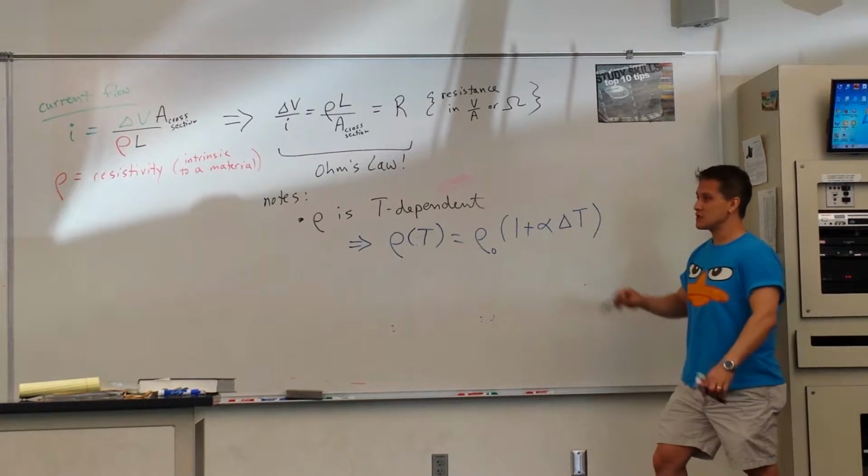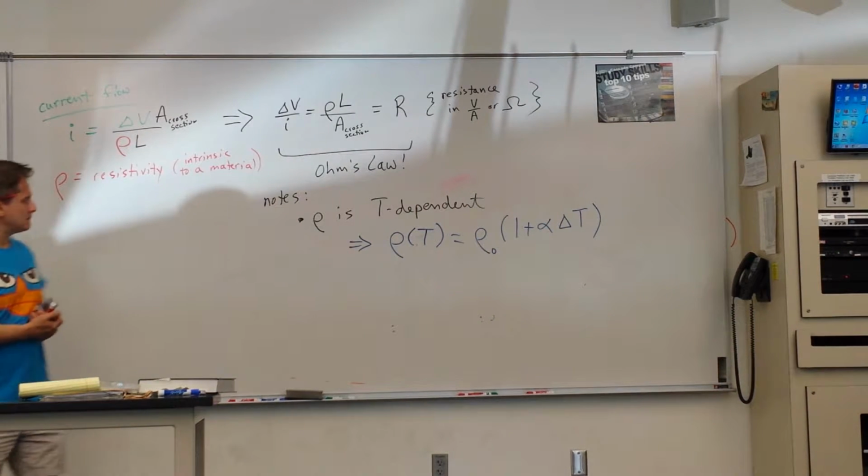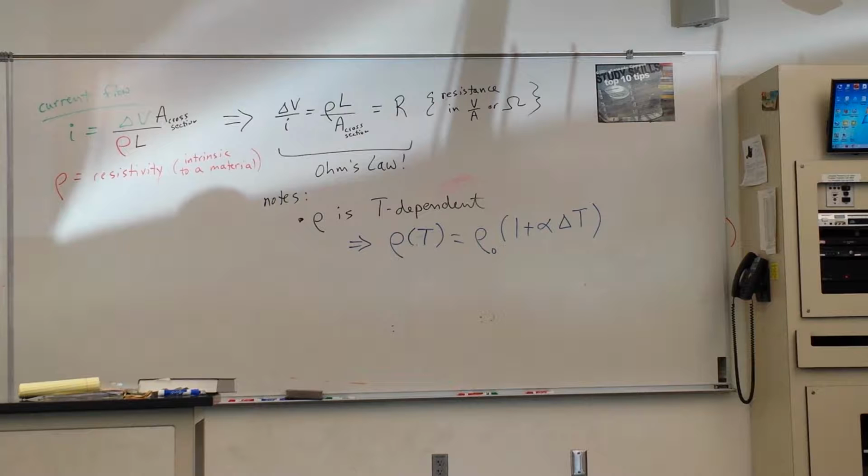Now, if you stare at this quickly, it looks awfully similar to a Taylor series. It's a first order approximation. It's an exponential relationship that, as long as you look over fairly small delta T's, is approximately a linear relationship, but it's not really.